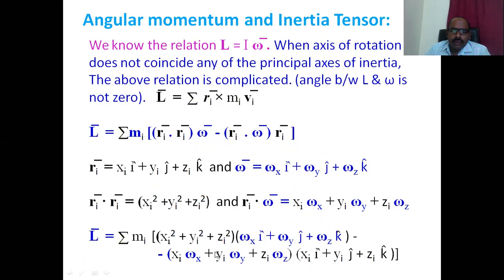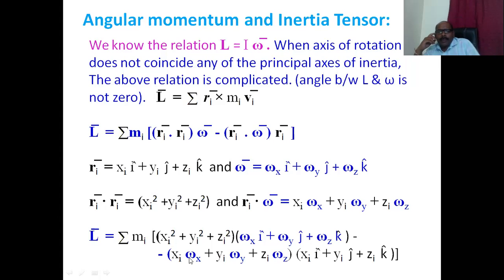After writing this, if we multiply inside here, this product is multiplied to every coefficient of i cap, j cap, and k cap. Therefore, the first coefficient we are seeing, xi omega x into xi, that is xi square.